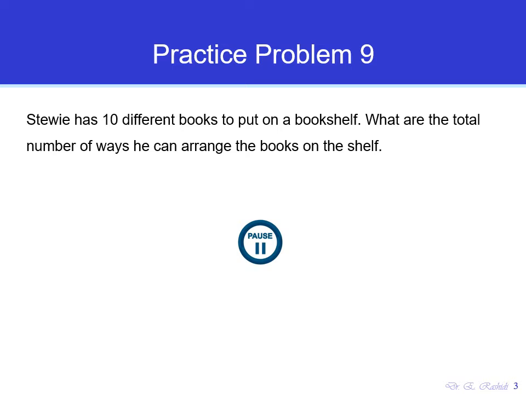All right, so let's see the solution. Here we have a total of 10 different items, or books, and we want to arrange all of them on a bookshelf. In the abstract, the question is about finding different arrangements of n items, which is actually the factorial rule, right?